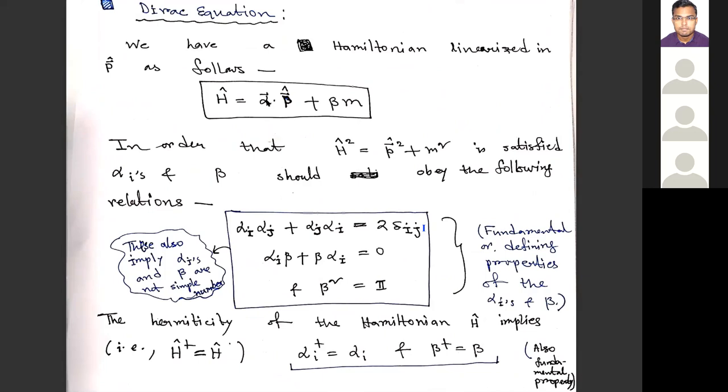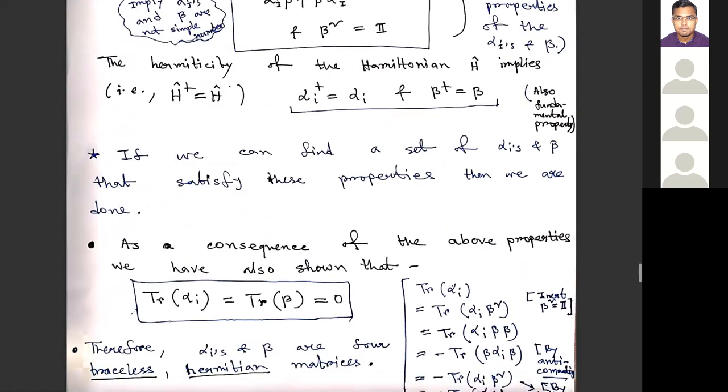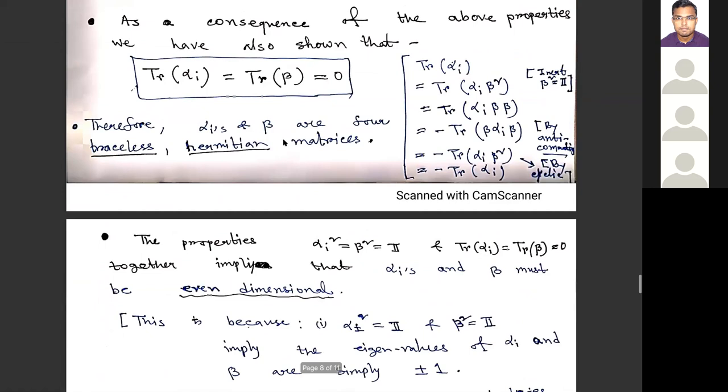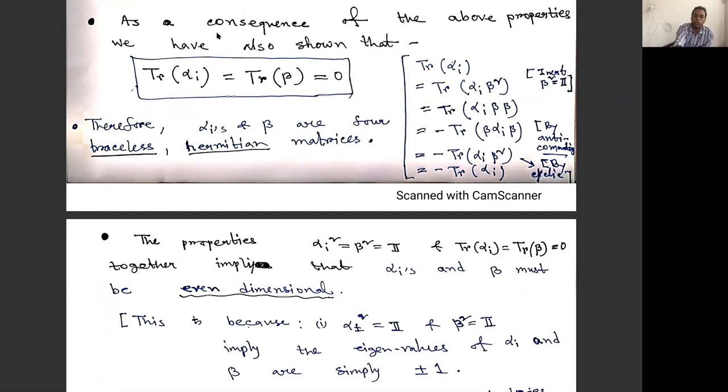So alpha has 3 components that we can take, because P has 3 components. Basically, this is alpha I Pi, where I should run from 1 to 3. So alpha has 3 components, and there is a beta there. So you should have 4 such quantities, alpha I and beta, 4 traceless Hermitian matrices which anti-commute with each other. Right? Is this okay? By the way, this is visible, right?